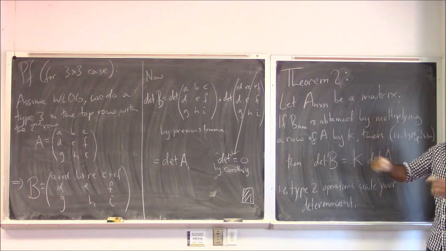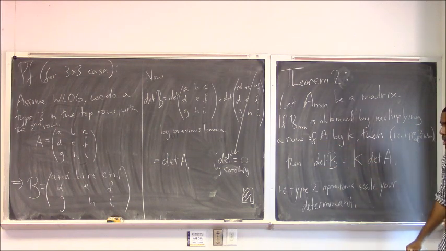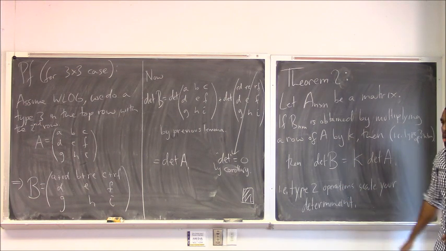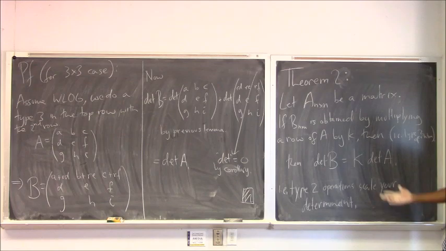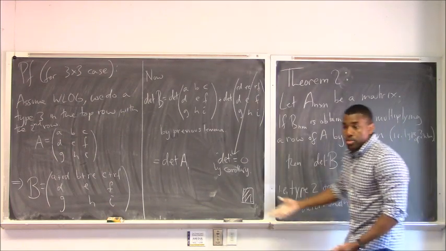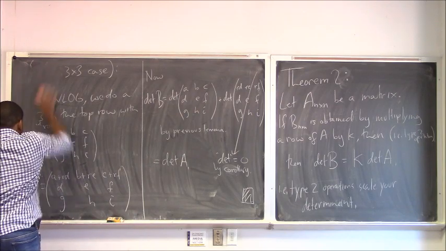It's like you took a box and then you multiplied one vector along the edge of that box by a number. It's going to stretch that box, and that's going to determine the volume. Right? So type 2 operations scale your determinant. So a type 3 won't have any effect whatsoever. A type 2 operation, though, is going to scale it.